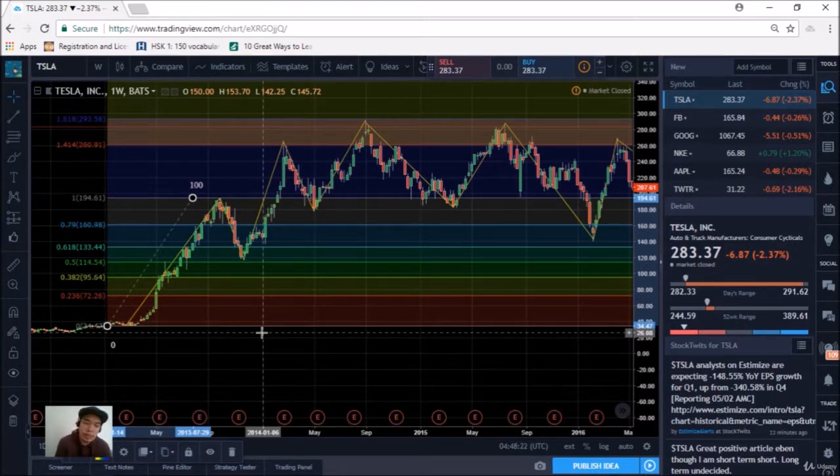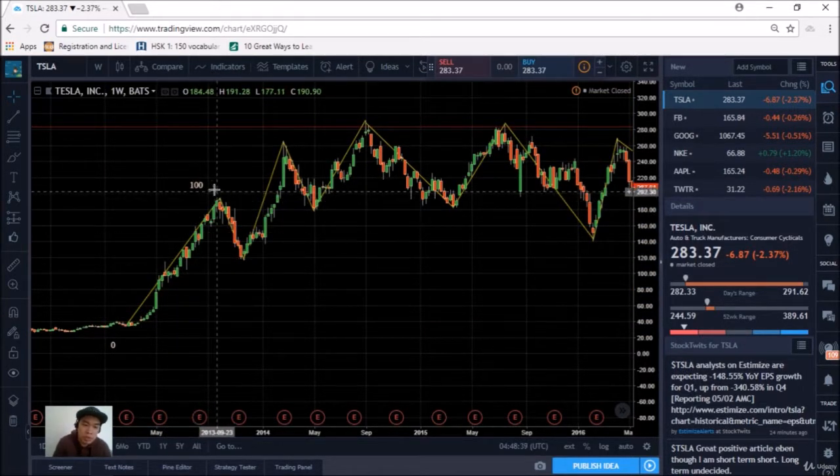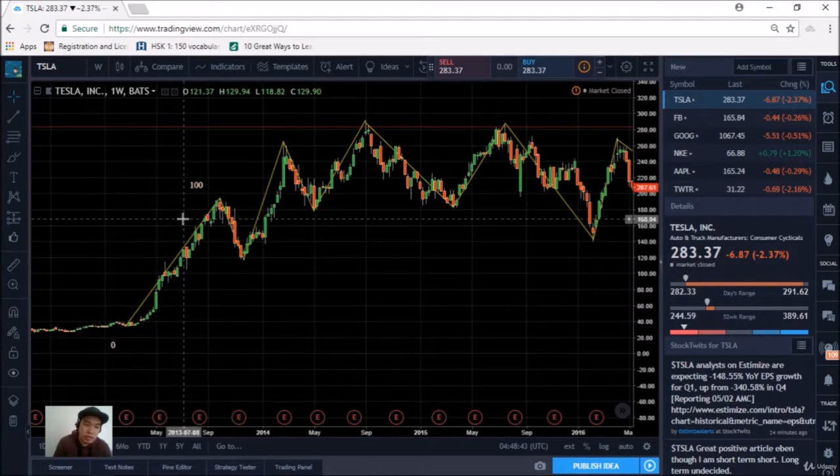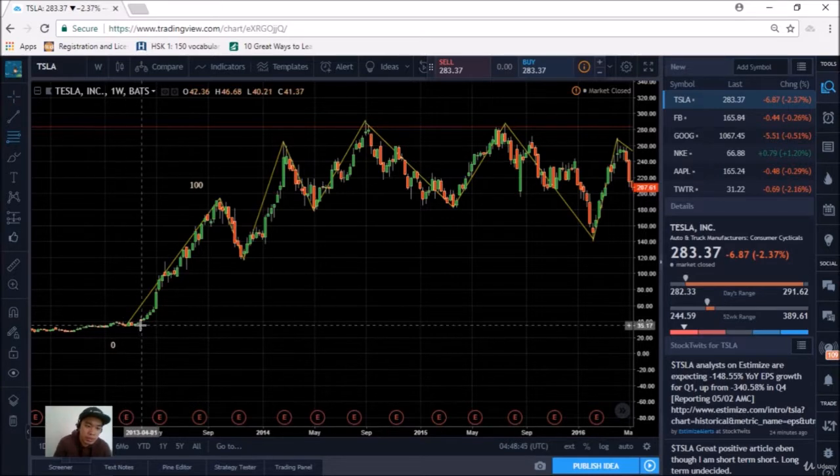What I mean by this being different from other Fibonacci analysis is that usually we use this as the 0 point and this as the 100 point. In normal conditions we use this as 0 and this as 100, so it's going to be like this.